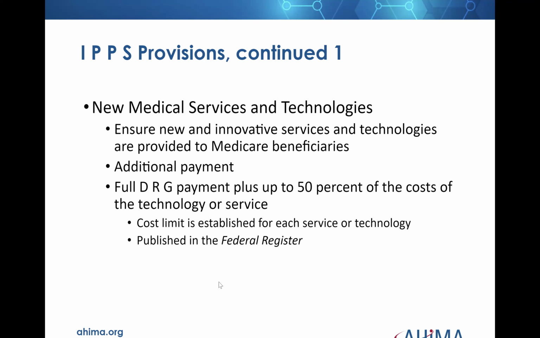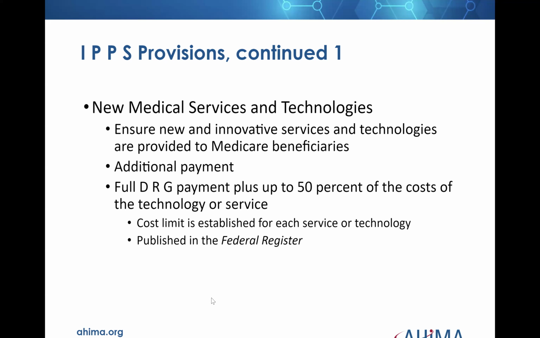There are also a lot of carve-outs for new services and technologies, anything from clinical trials, all these other different types of things. We want to ensure that work still goes on in this area. So CMS allows for new innovative services and technology to be provided for Medicare beneficiaries. And we get the full DRG payment plus up to 50% of the new cost of technology and services.